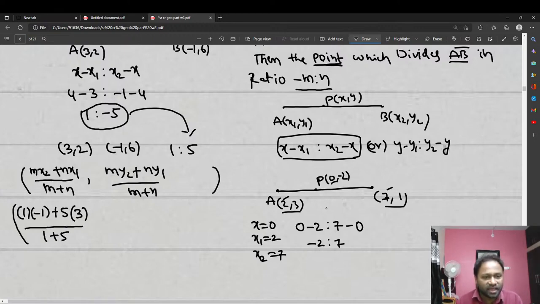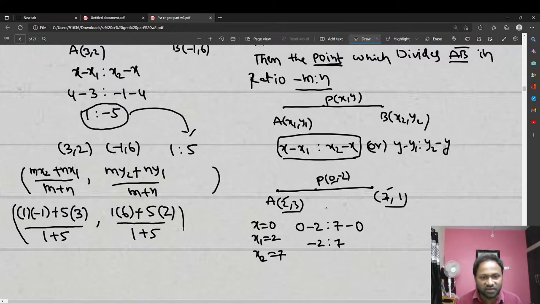And m y2, 1 into y2 is 6, plus n, 5 into y1, which is 2, divided by m plus n, 1 plus 5.